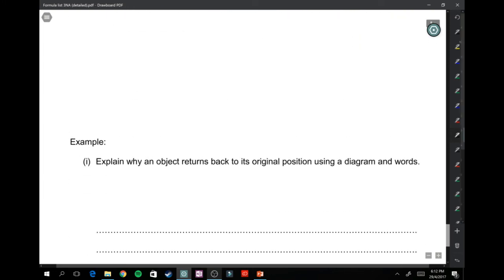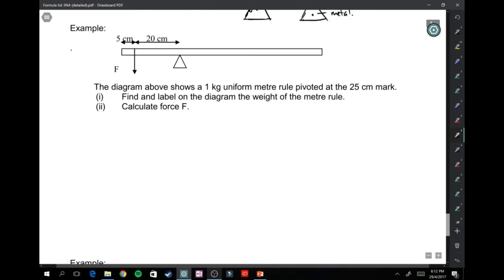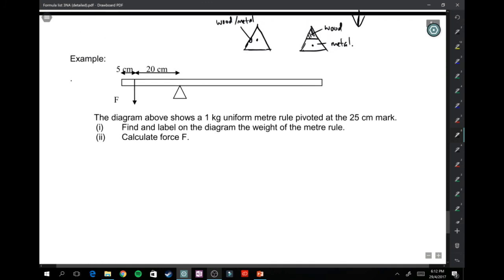Okay, so lastly, let's deal with two examples, and then we can end this video. Alright, so calculate F shows a uniform meter rule. Now the idea of a uniform meter rule, meter means 1 meter, right? Now uniform means that the CG is in the middle. Okay, that means the weight is here.